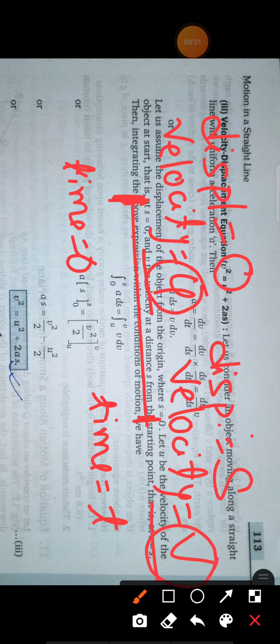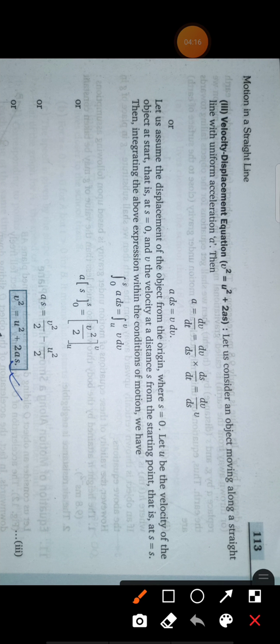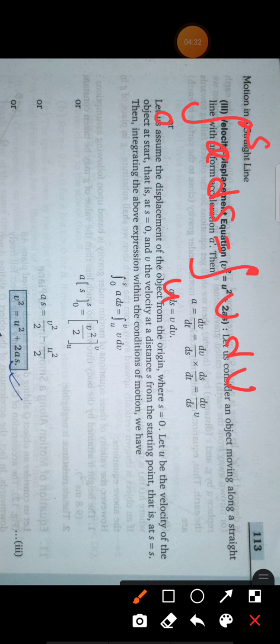The limit of displacement is from 0 to s: initial displacement is 0, final displacement is s. So we will just put the values. Integration of a ds is equal to integration of v dv, with displacement from 0 to s and velocity from u to v.